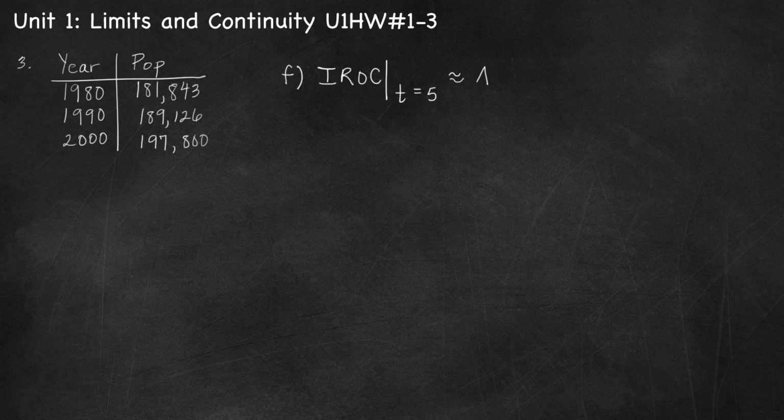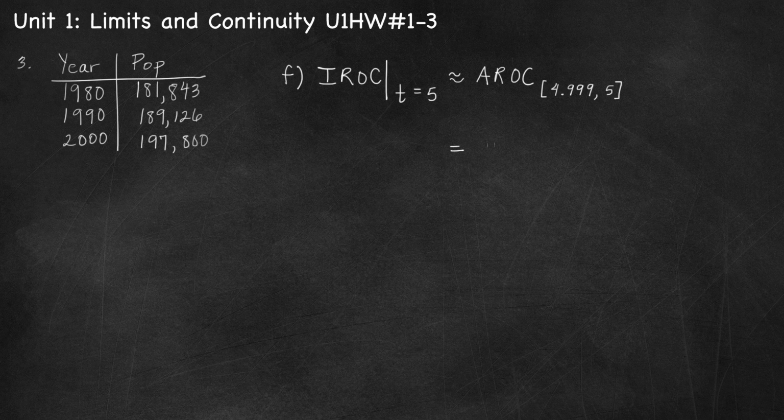So it's approximately equal to the average rate of change on the interval from, and we have a choice. We can take an interval on either side of 5, maybe 4.999 to 5.001. That's one thing we could do. I'm going to go from 4.999 to 5.